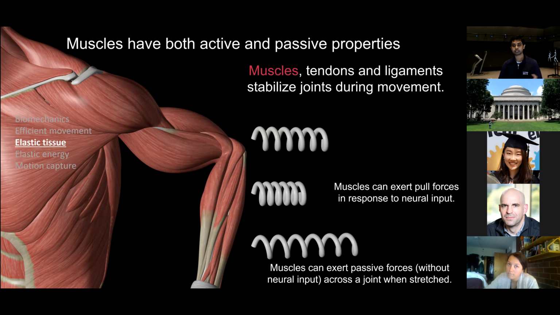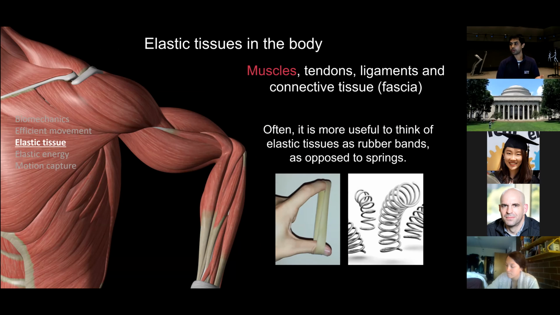So in that sense, you're saving energy. Of course, you can't turn off everything simultaneously. That doesn't work. So often it is more useful to think about elastic tissues as rubber bands as opposed to springs, right? I think this is an important point, and it shapes how we actually think about movement as a whole.